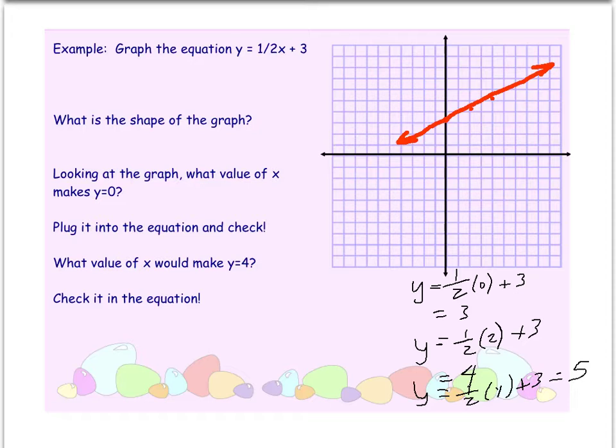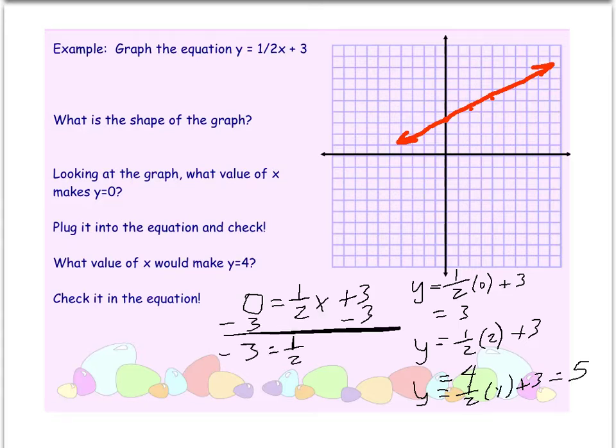So, let's plug this in a different way. To find out what value of x makes y 0, how about I plug in 0 for y in y equals 1/2 times x plus 3? Then I can just solve for x. I subtract 3 from both sides, and I get -3 equals 1/2 x.